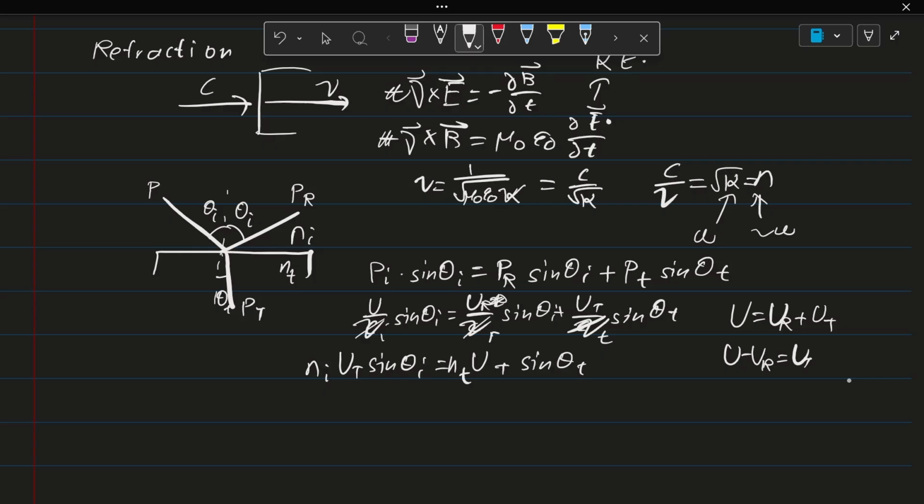Then we could cross out the u_t's. So what we will get is that n1 sine theta 1 must be equal to n2 sine theta 2. This is what we call Snell's law, which relates what the transmitted light will be whenever light hits a particular surface. So it's pretty much the conservation of momentum.